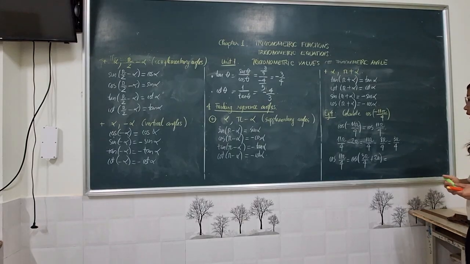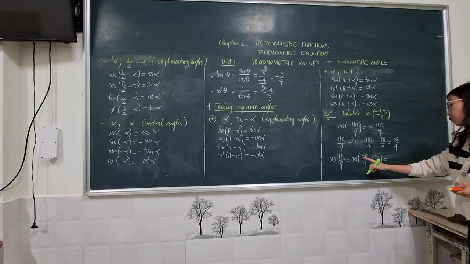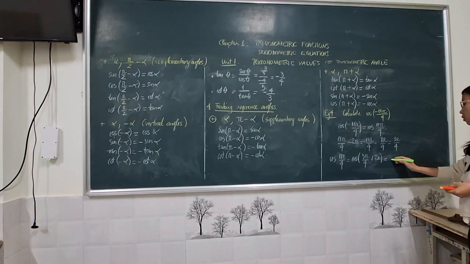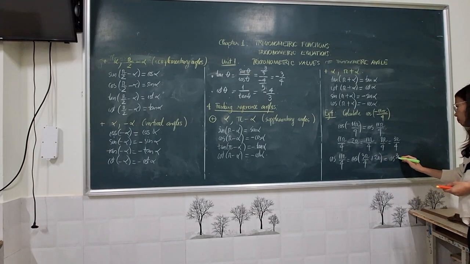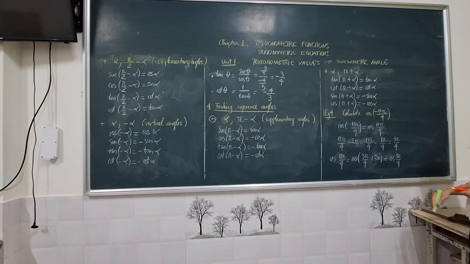Because cosine is periodic, cosine of 3 pi over 4 plus 2 pi is equal to cosine of 3 pi over 4. And we can rewrite 3 pi over 4 as pi minus pi over 4, right?